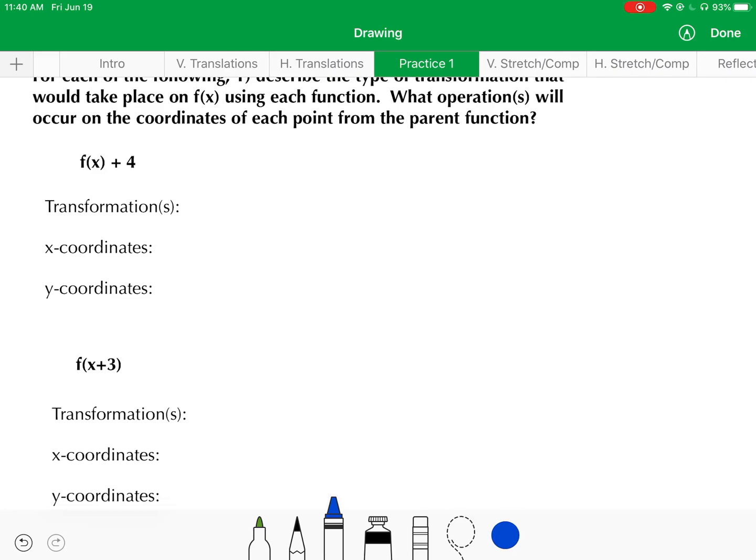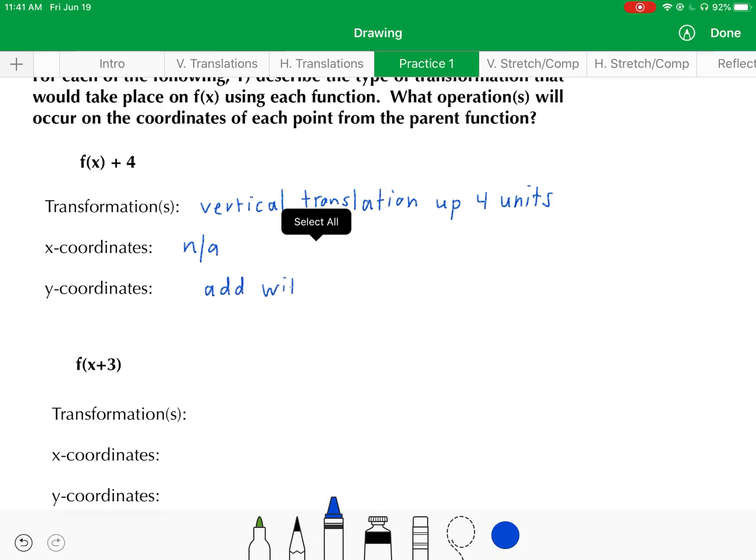So this would have an effect on our y coordinates, and this would be a vertical translation up 4 units. There's no effect on the x coordinates in a vertical translation. The y coordinates from your parent function would all be added by 4, or add with 4.